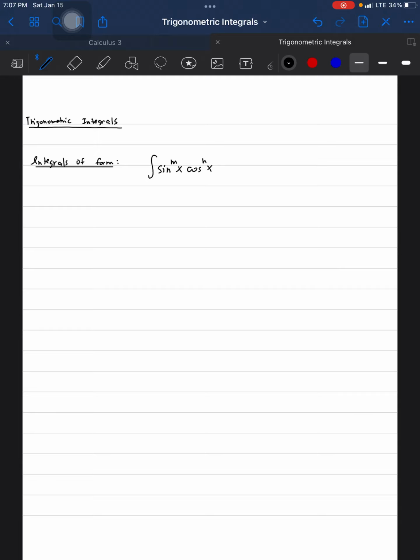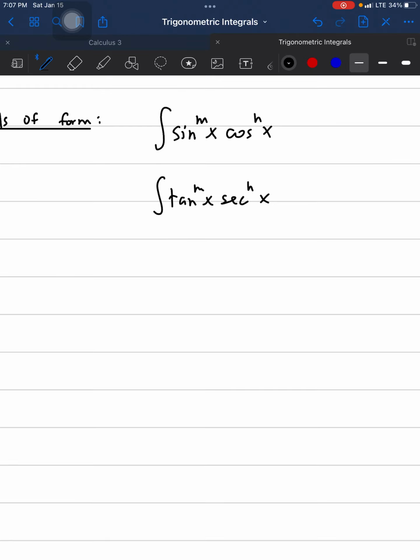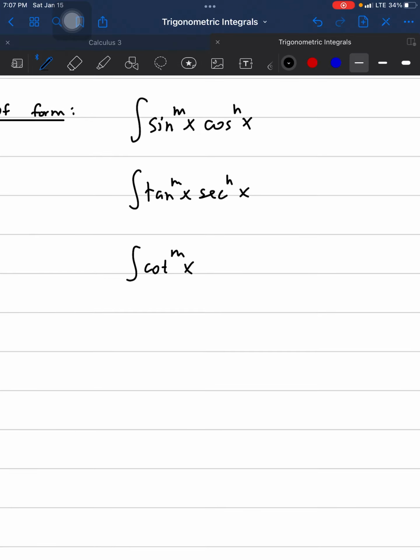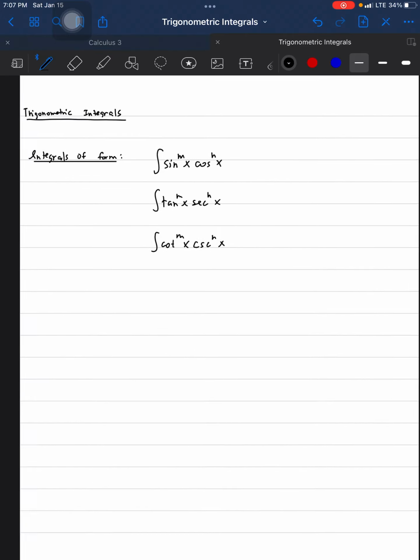Then we also have forms of integrals where we include tangent, secant, and there's also one for cotangent. But to solve each of these integrals, there's a slightly different process.